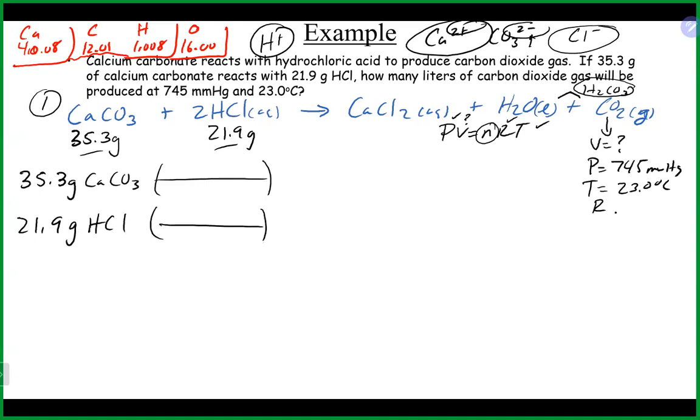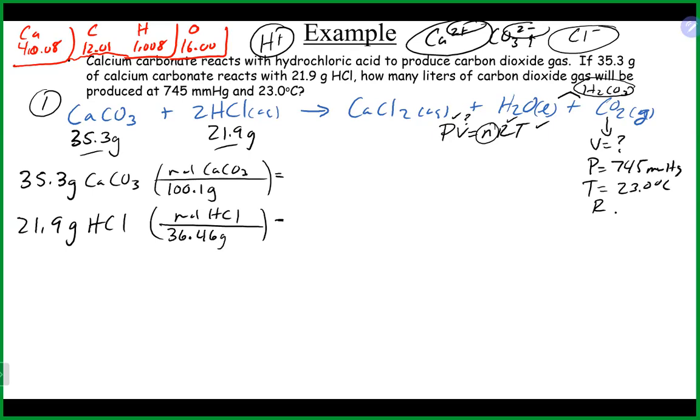Our molar mass for HCl is going to be 36.46 grams per mole of HCl. For calcium carbonate, from the periodic table, it's going to be 100.1 grams per mole. Again, just adding up all the parts, and that will get us those numbers.